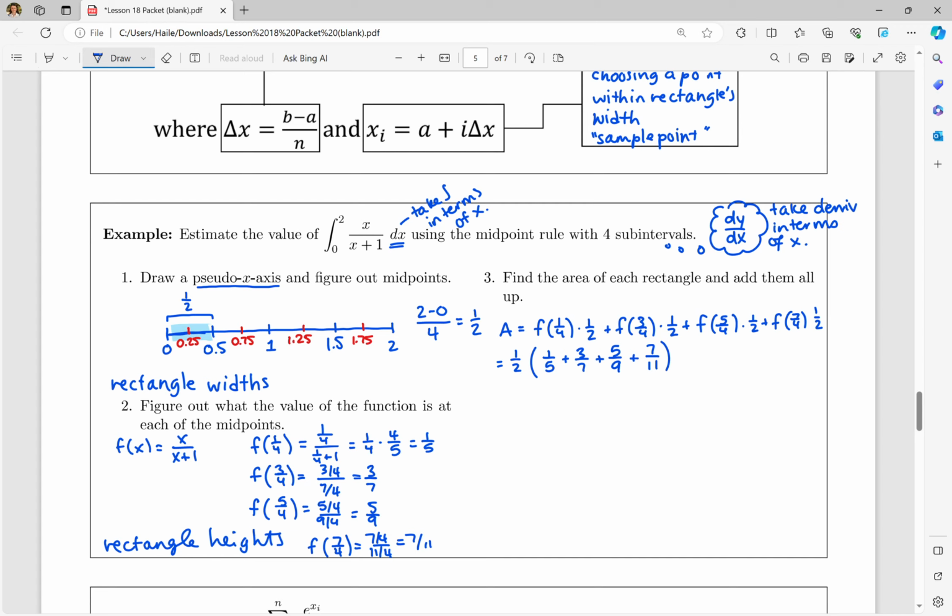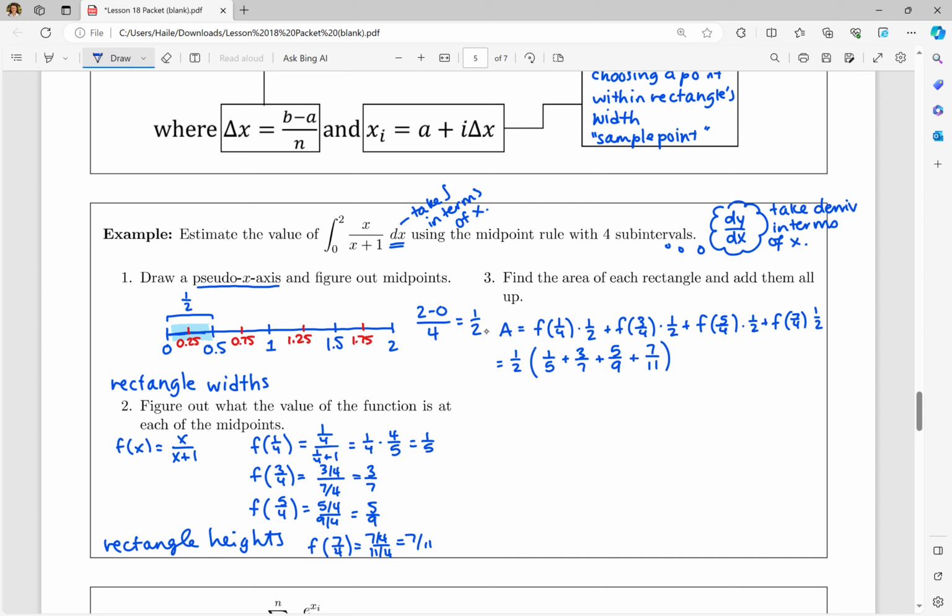Now here's where it gets a little bit tricky. Just for the sake of time, I'm going to put these in the calculator real quick, but you should practice not using a calculator for your exam. So we have 1/5 plus 3/7 plus 5/9 plus 7 over 11, divided by 2.